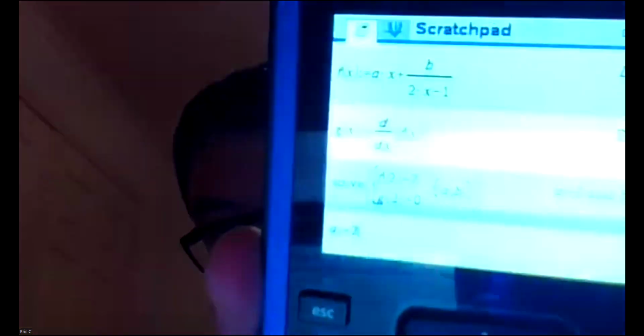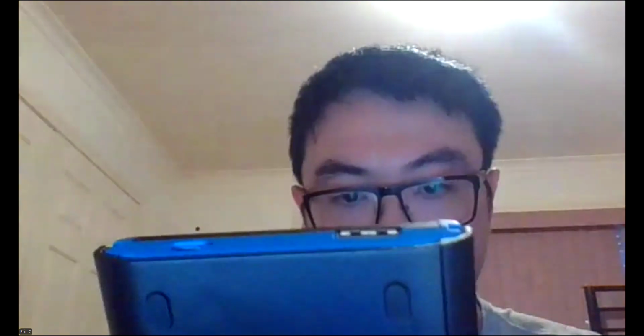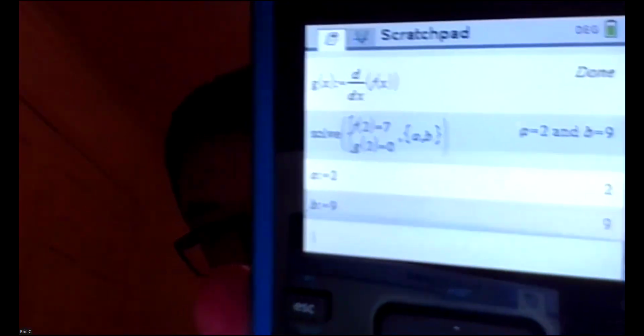Once we've got our a and b, we can lock those answers into variables. So we can define a as 2, like this, press enter, and then lock b in as 9. That's locked in.